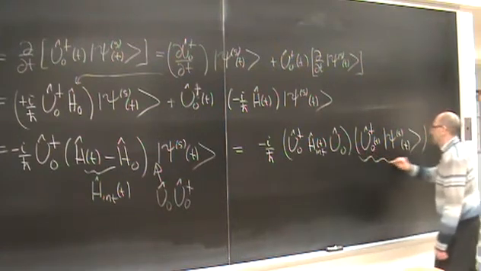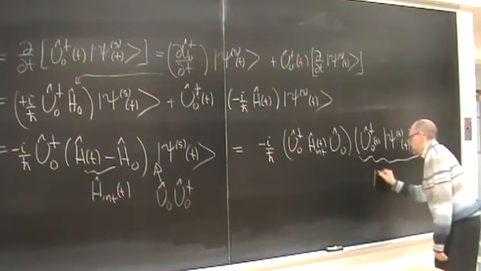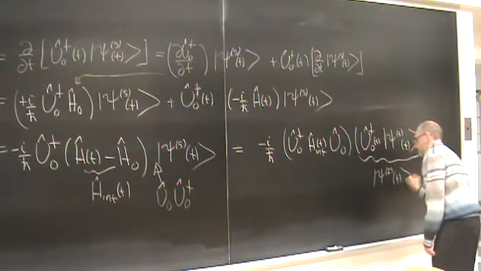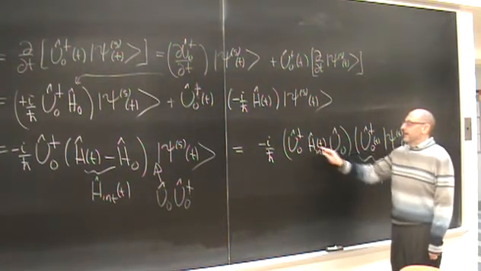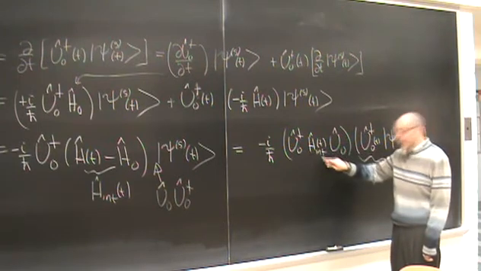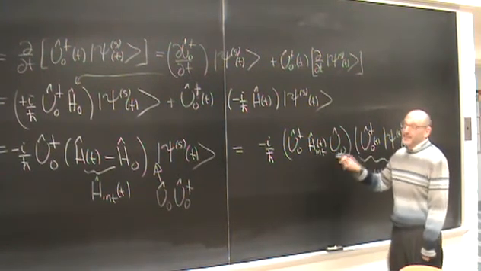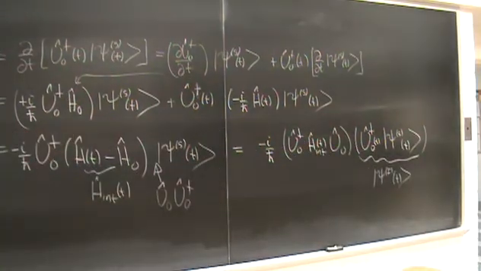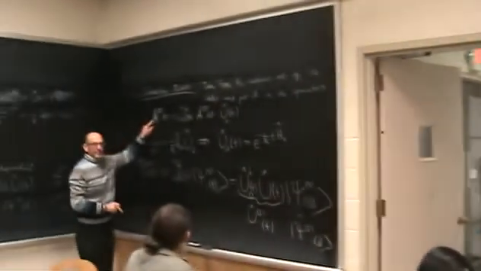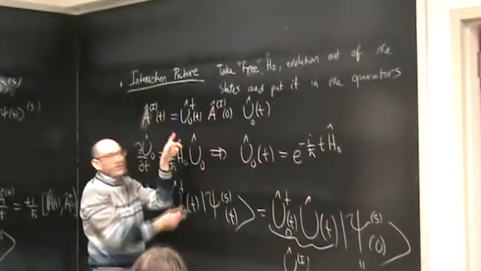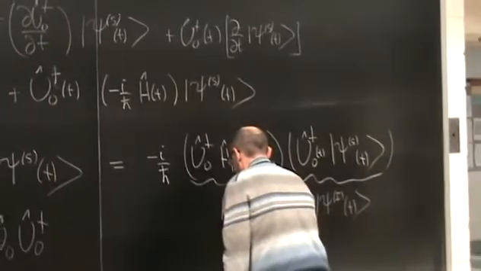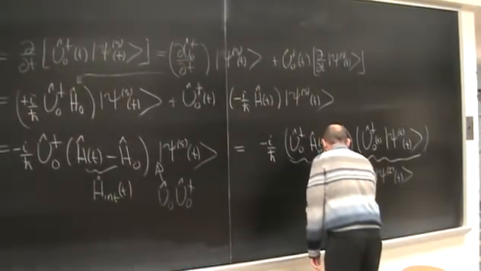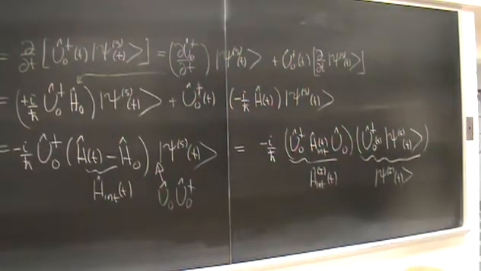This is the interaction picture state. This is the interaction Hamiltonian in the interaction picture, because, as we said, for observables in the interaction picture we put the time evolution of the free part into the observable. So this is H int.